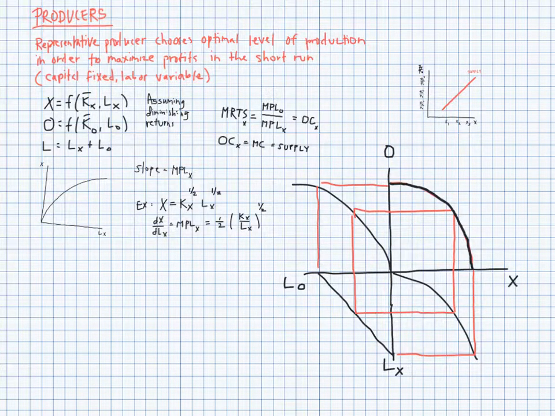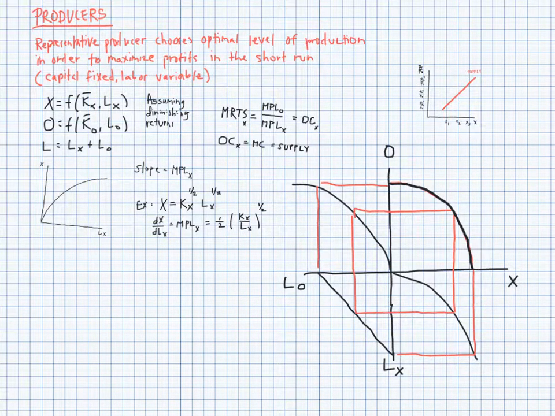If I increase it even more, it gets steeper and steeper, and every time you can see that we'll be increasing the number of units of x that we'll be producing. So when the price of x increases relative to the price of O, firms would choose, in order to maximize profits, to produce more of the x good.